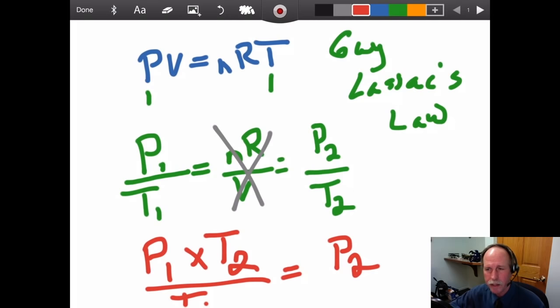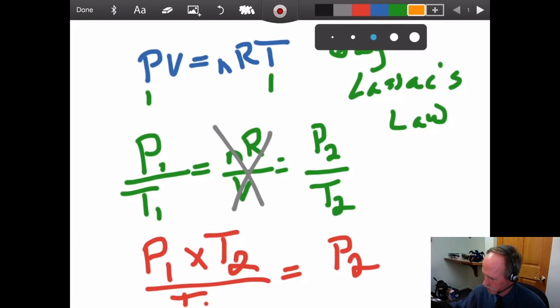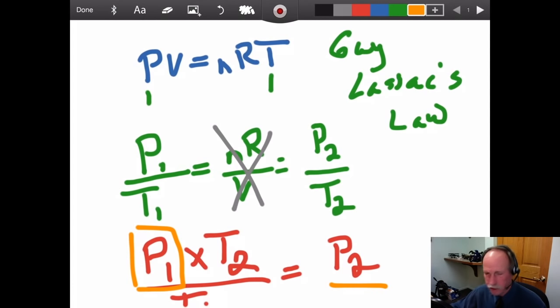Another way that you can tell that you did this right is you want an answer that's in pressure. So everything other than this pressure should cancel out, and we have a T1 or a T2 and a T1. Those will cancel out the units, and we'll be left with units of pressure. And that's Gay-Lussac's law.